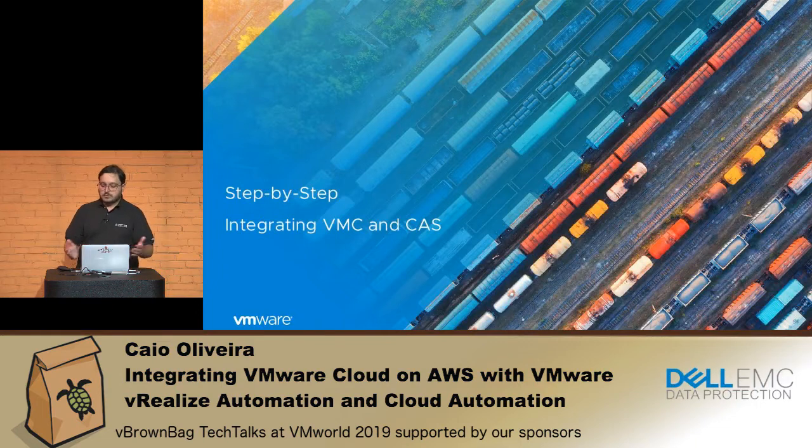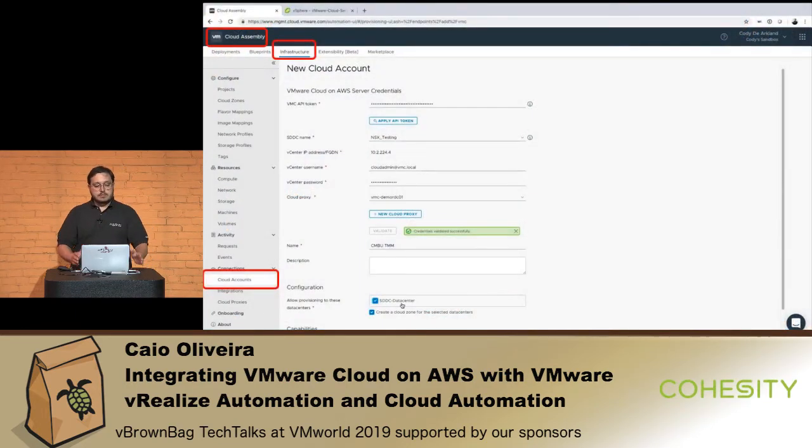So here, as we did for vRealize, we are going to do the same for VMC and Cloud Automation Service, CAS. Again, in Cloud Assembly, I go through infrastructure and then cloud accounts. Here I put my API token and all my credentials.